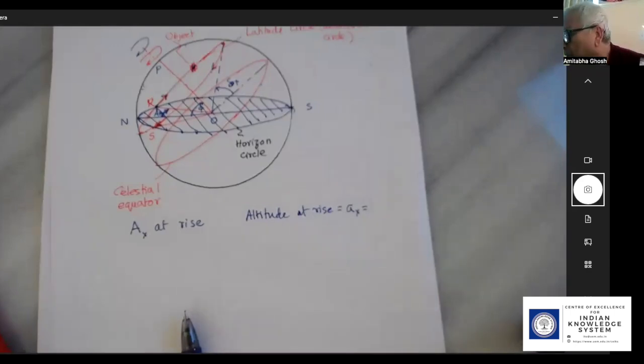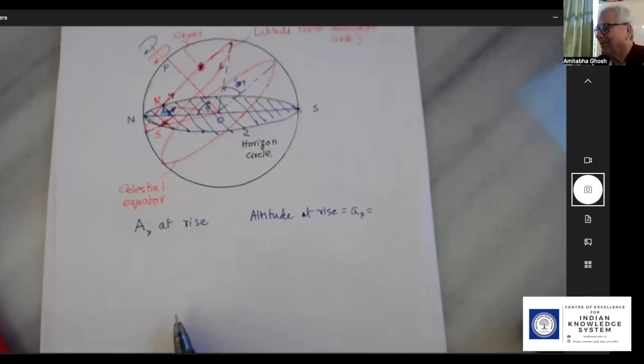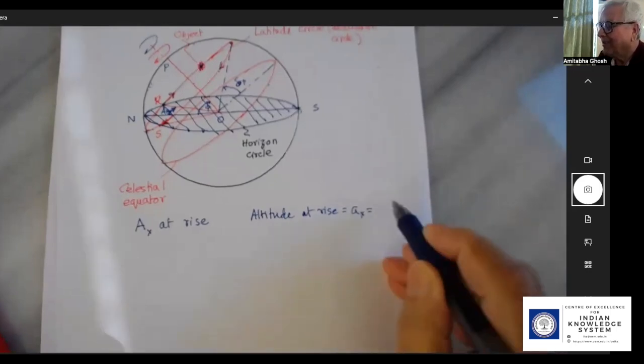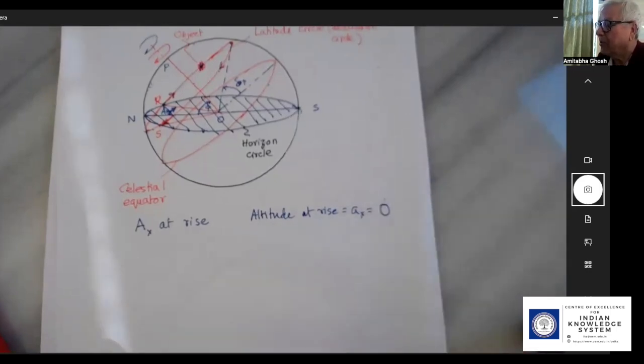What is the definition of altitude? It is the inclination of the object from the horizon, isn't it? So if it is at the horizon, on the horizontal plane, what is its altitude? 0. Similarly, setting also it is 0.